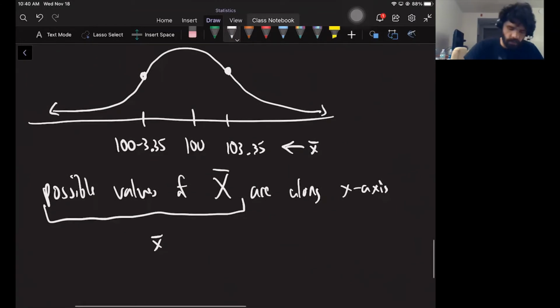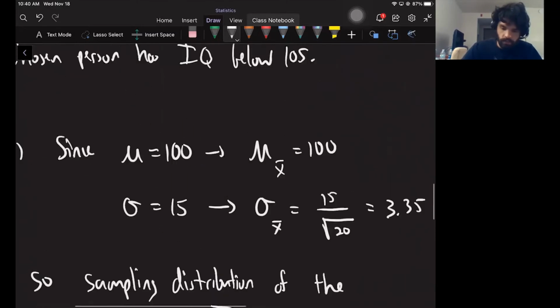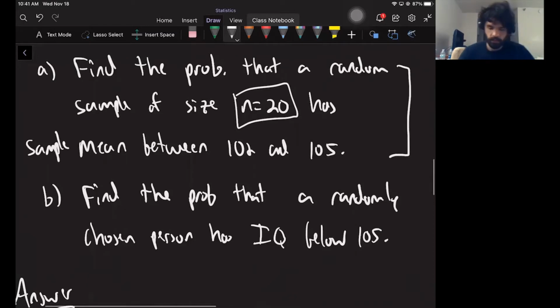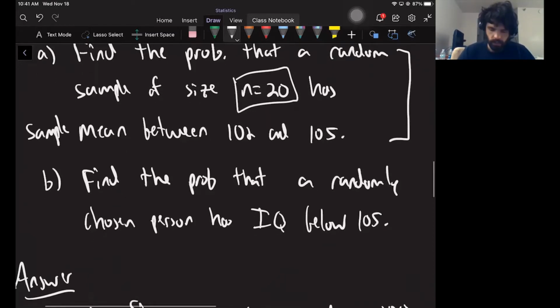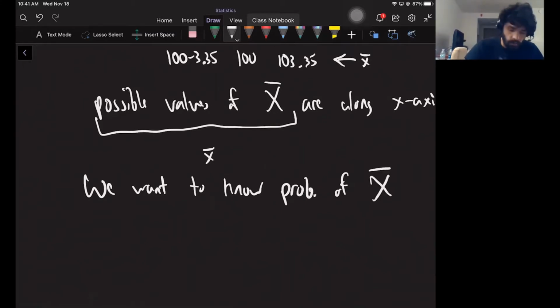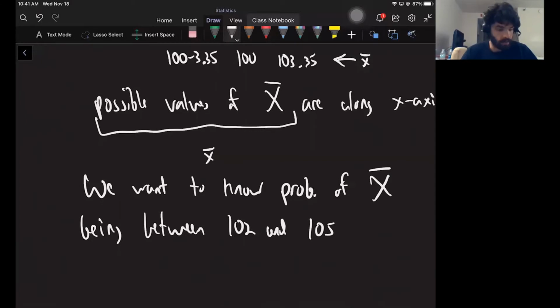Okay, so now we want to know, to rephrase this question, the answer to this, but now we're rephrasing it with fancy jargon. We want to really know the probability of big X bar being between 102 and 105, but that just means that we need to find the area.